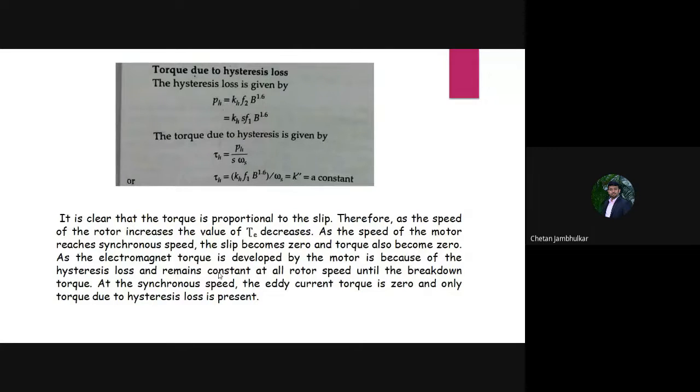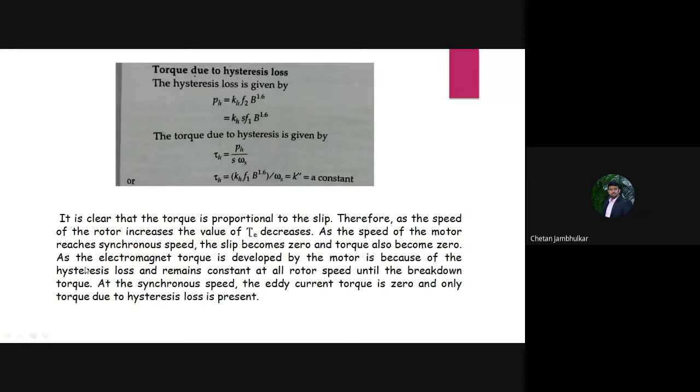And the torque due to hysteresis is given by TH = PH upon S into omega S, so TH = KH into F1 into B to the power 1.6 upon omega S.